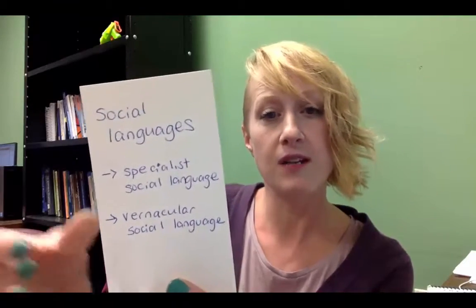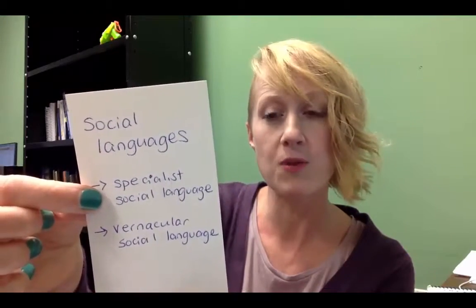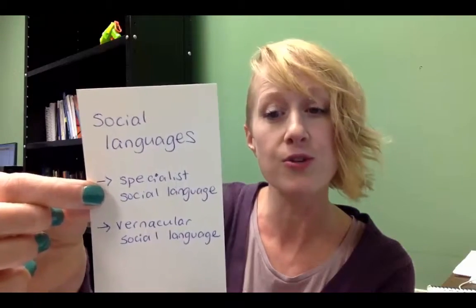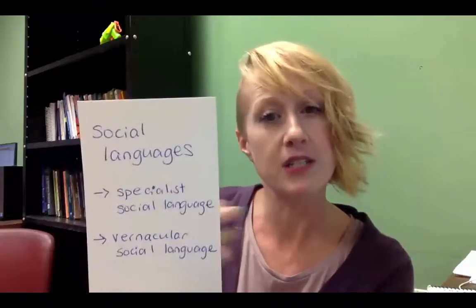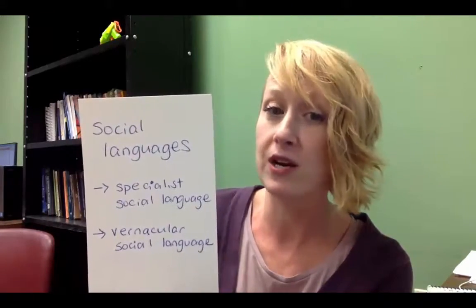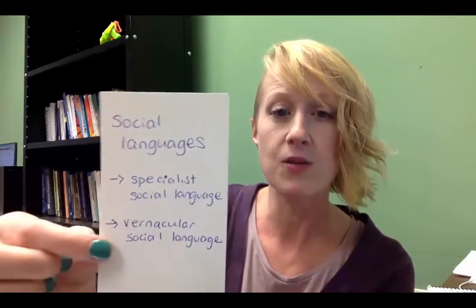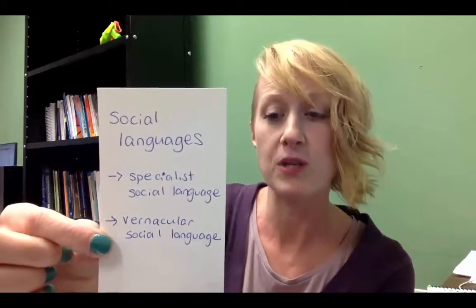And then moving from that, he says that we use language either in very specialist ways, where we might have language that only others within a specific discourse community or others with a similar identity would understand, or we have this vernacular social language.